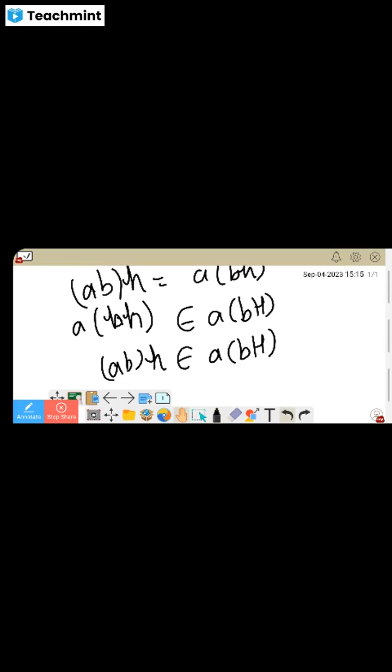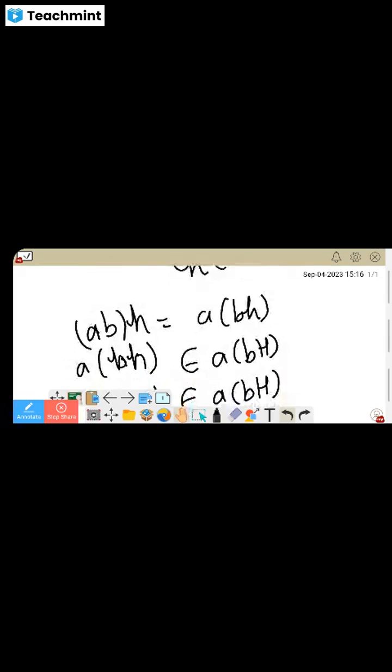By using associativity, we took two elements of G and one of H, so AB belongs to G.